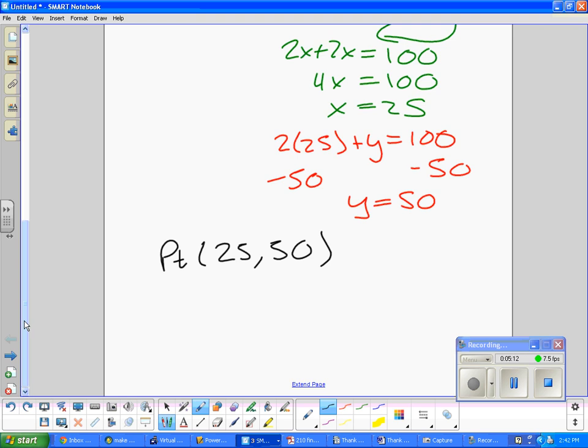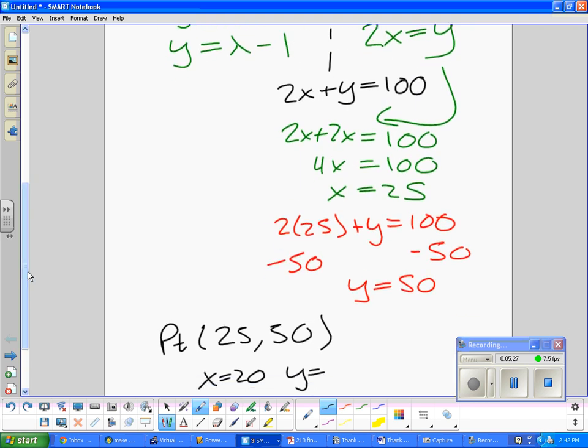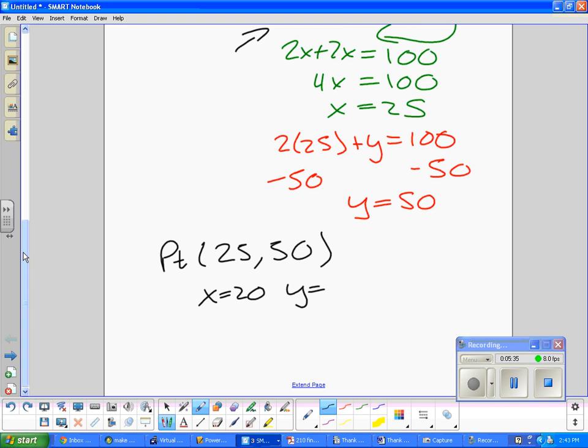We'll plug in something easy: x equals 20. 2 times 20 is 40, 100 minus 40 is 60, so y will be 60.